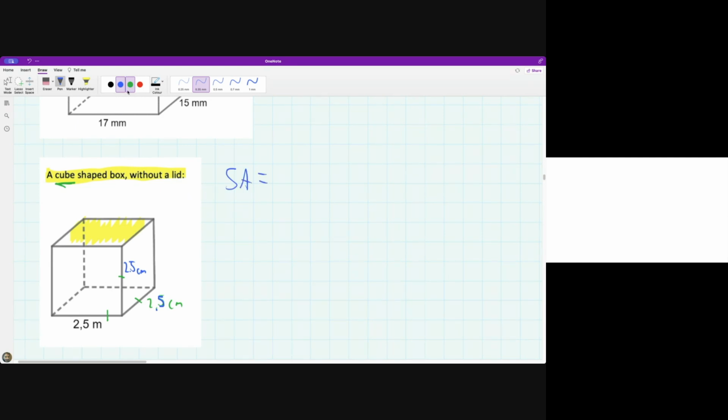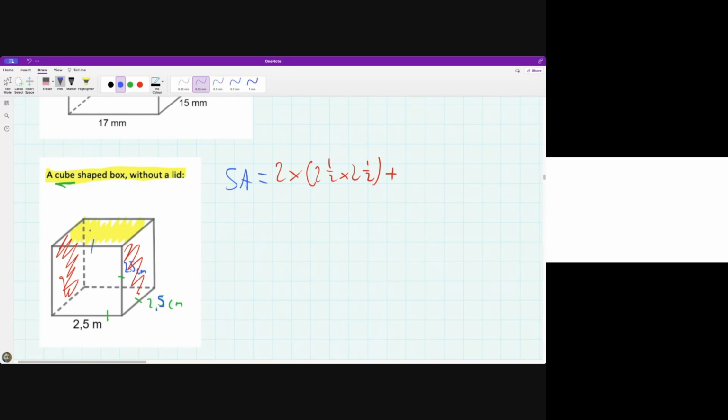Well, let's think about the sides here. What are these two red ones going to be? Let's write them as 2.5 so it's not confusing. And then we're also going to have the front and, well, we can imagine the front and back, right?